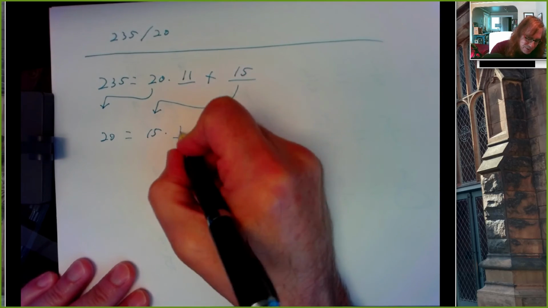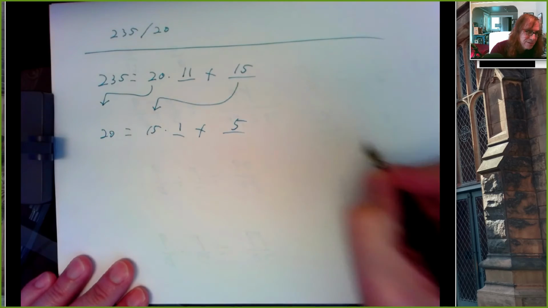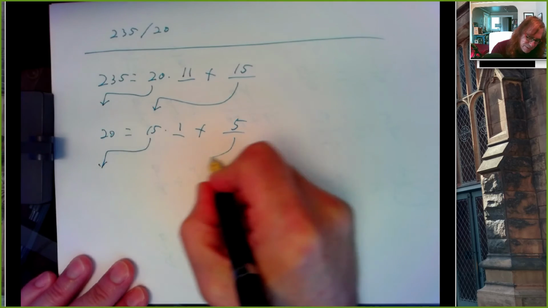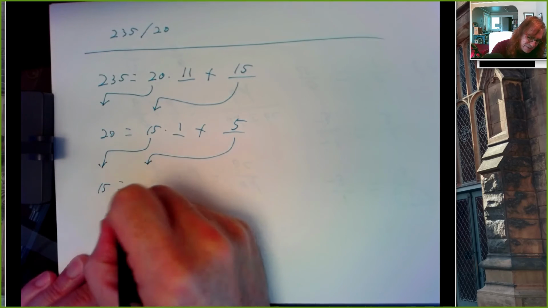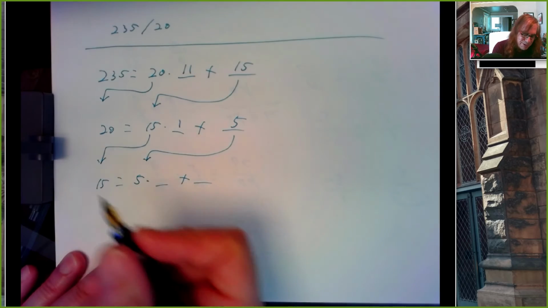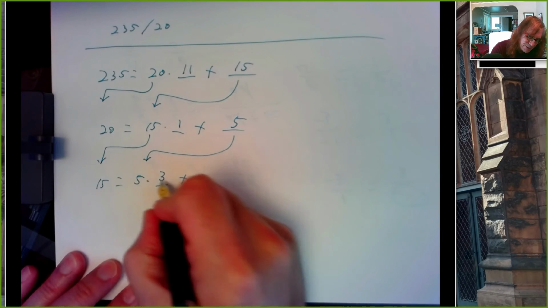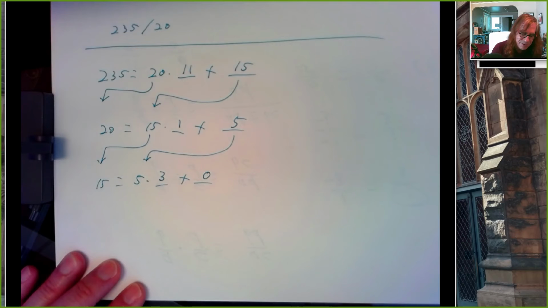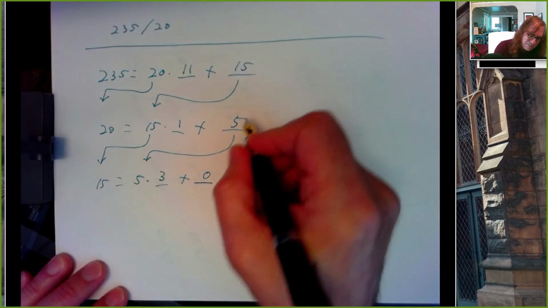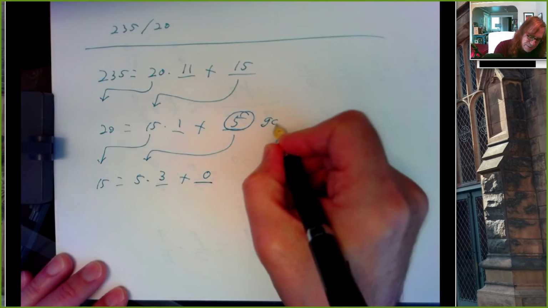Well, 15 goes in once, and it leaves us 5. And now bring these over and write 15 equals 5 times something plus something. Well, 5 goes into 15 3 times, and you have nothing left over. And so when you get down to a 0, this is your GCD.